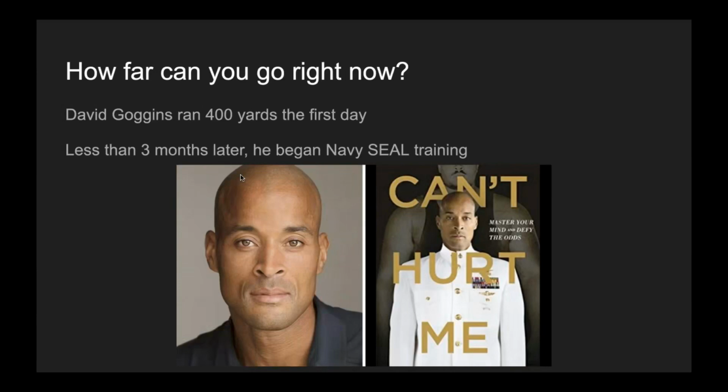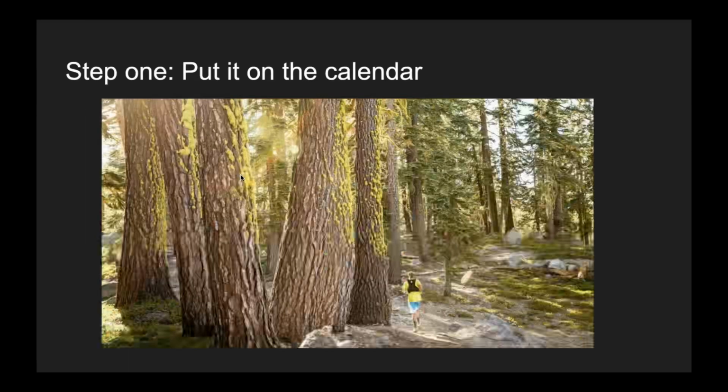And 3 months later, and a hell of a training cycle later, he tried out to be a Navy SEAL, and after a couple attempts, he was successful. So he went from being able to run only about 400 yards to being one of the most fit people on the planet. So if you ever need some motivation, especially on mindset and believing in yourself, please read Can't Hurt Me or anything about David Goggins.